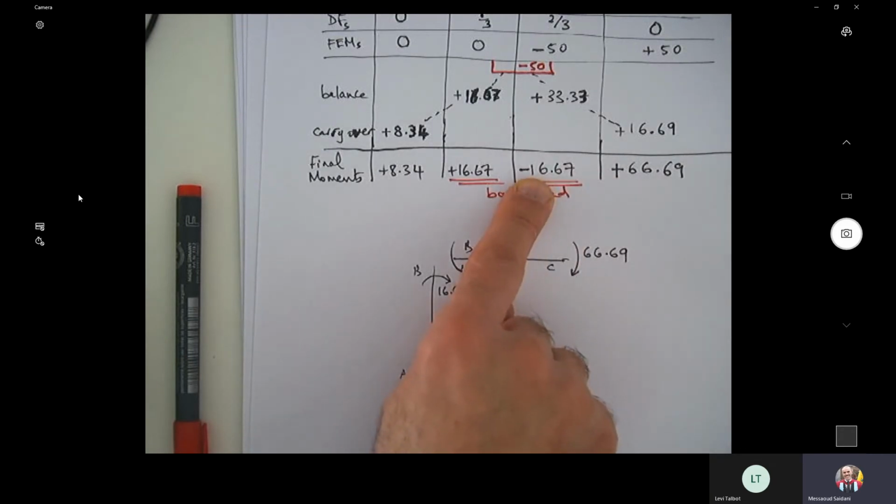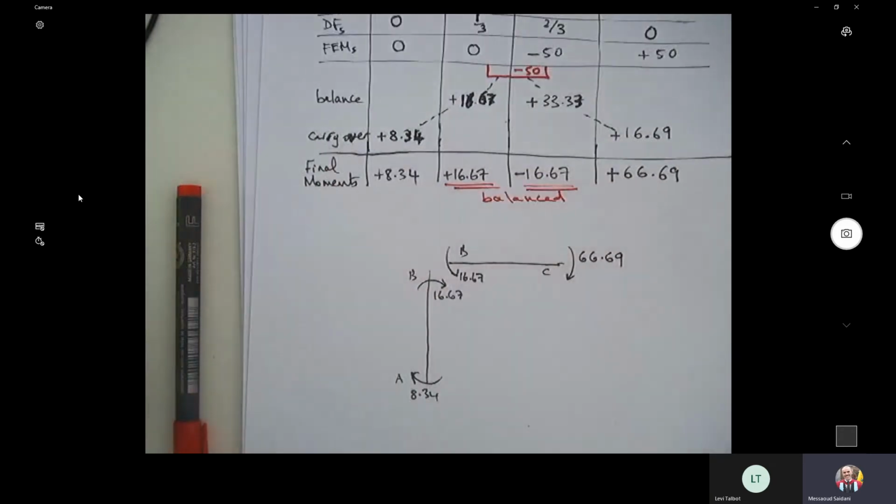Can you not keep the answer as a fraction? You can. But when you're calculating, you still need numbers when you do the reactions and everything. Yeah, okay.